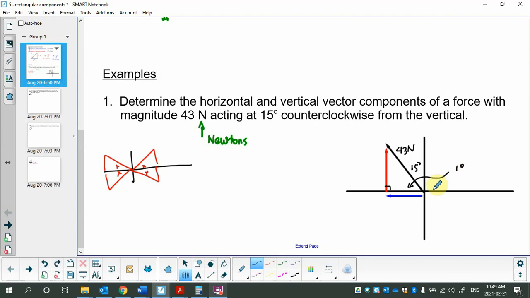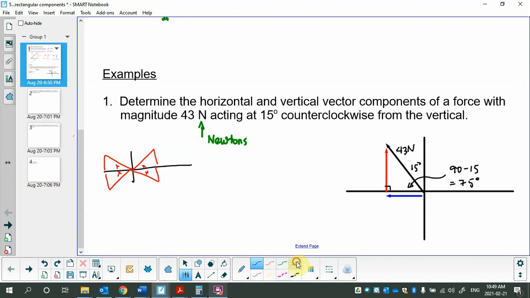So that's 180, it's 90 minus 15, which is 75 degrees. Now, of course, you can do this vector and this vector using 15 degrees, but I like to keep my math very standard so that I'm doing the same thing over and over again, regardless of the course.